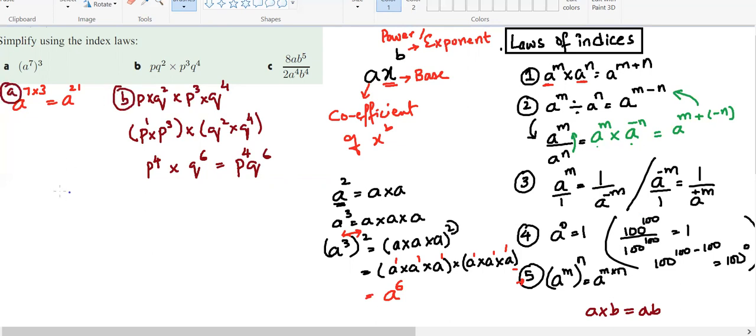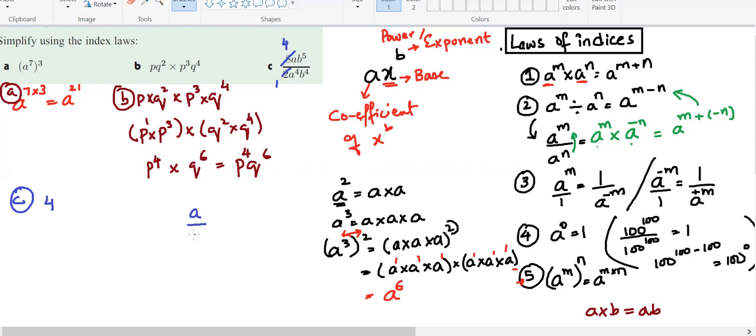Lastly, it's c. First of all, if it's a fraction, you would want to cancel any numbers, and 2 ones and 2 fours are 8. So it's 4 in the numerator in terms of numbers. And then we have the powers of a. Just keep an eye on powers of a first.